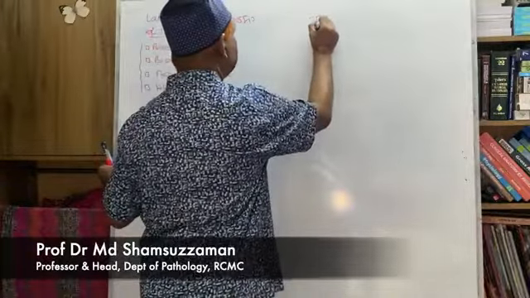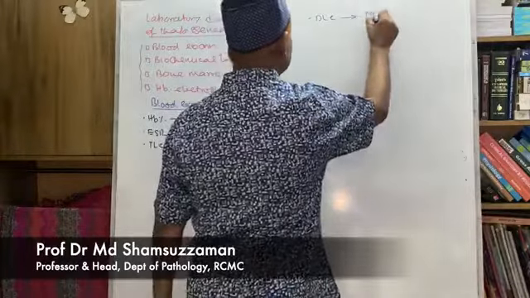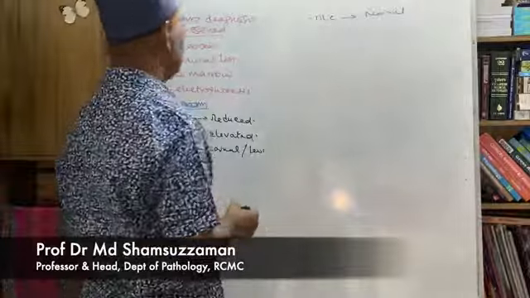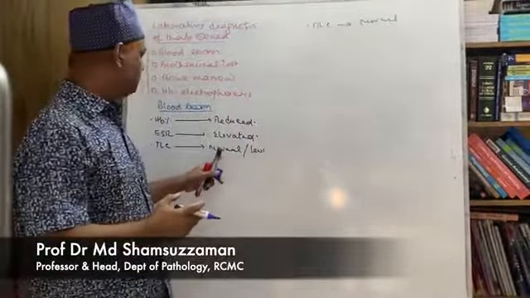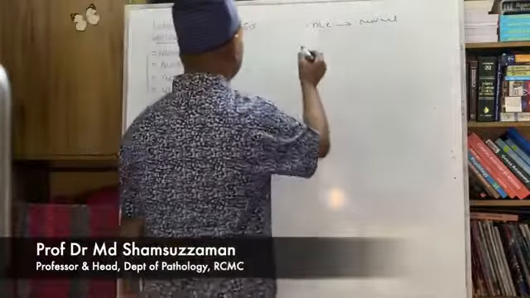Then differential count is normal, or sometimes there may be predominance of neutrophil. When there is infection, there will be predominance of neutrophil.